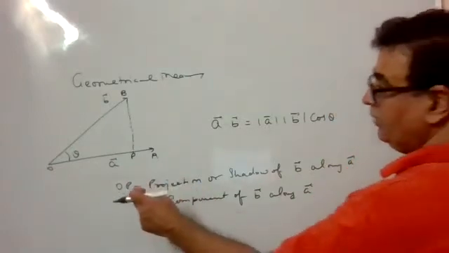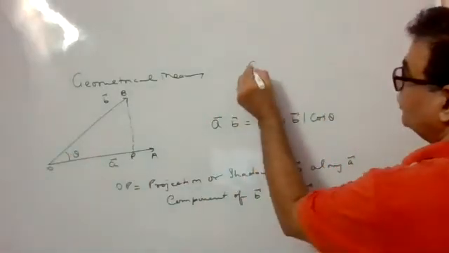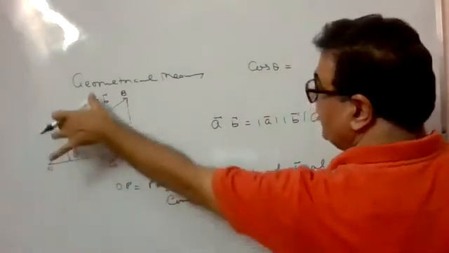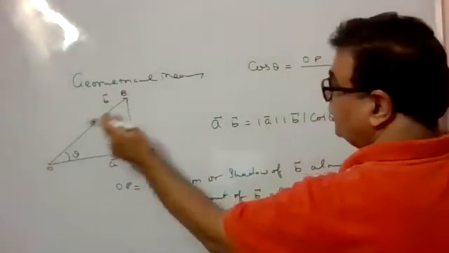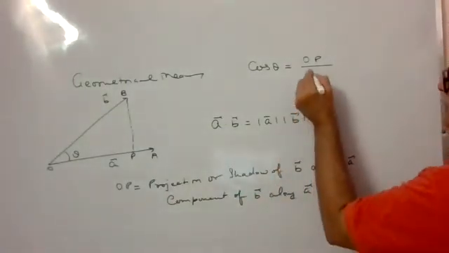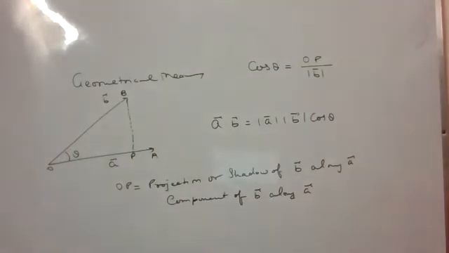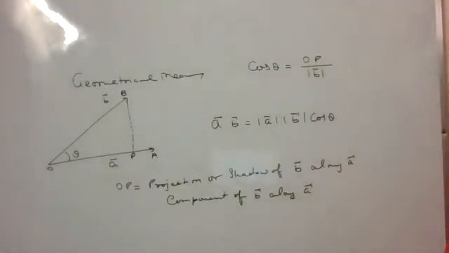Now, if we want to calculate OP, I take this triangle and find cos theta. Cos theta is base over hypotenuse. So base is OP. Hypotenuse is OB. OB is the magnitude of B. Okay, we can't say B vector. It is not a vector quantity, it is a magnitude we are taking.